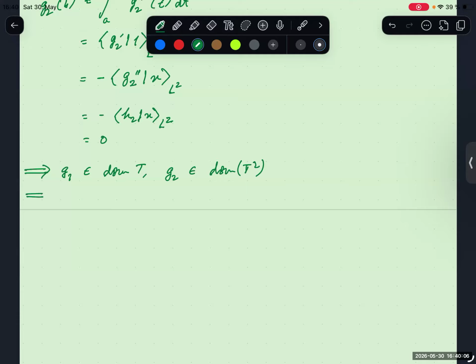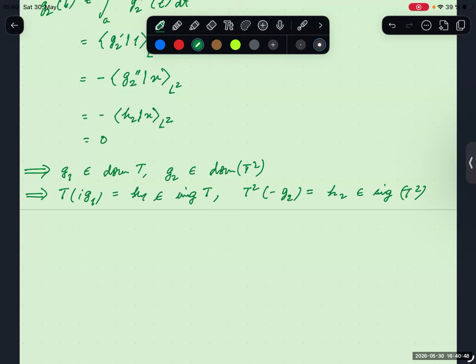And so T G1 equals H1, and that's precisely the image of T, and T square G2 equals H2, which is precisely the image of T square.